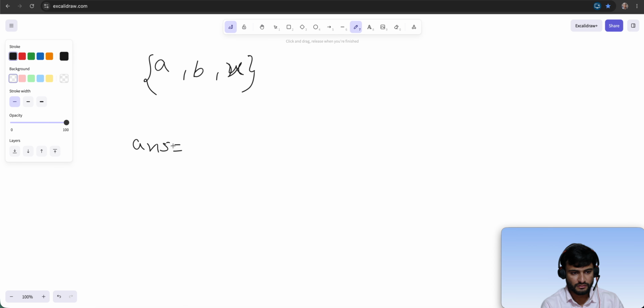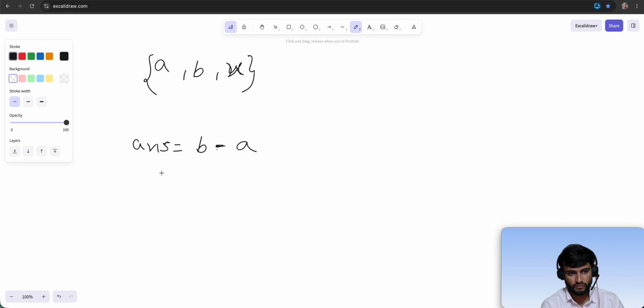You will apply add operations. So how many add operations does it need to make a and b equal? These will be b minus a, as b is greater than a. So b minus a add operations will be required to make a and b equal. Okay, so this is our answer if we only apply add operations.